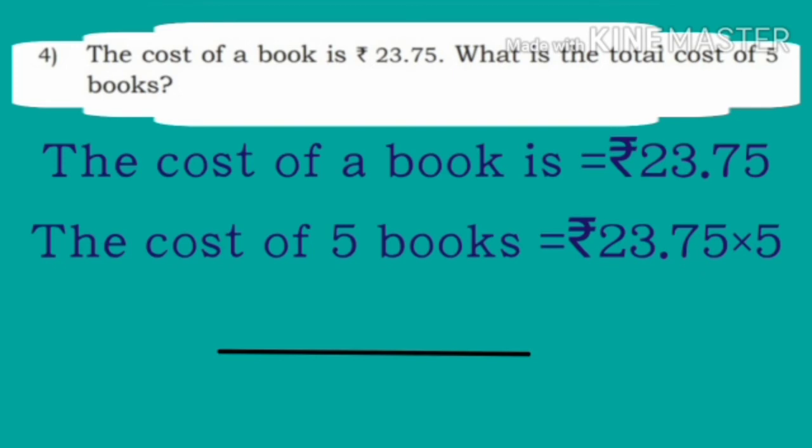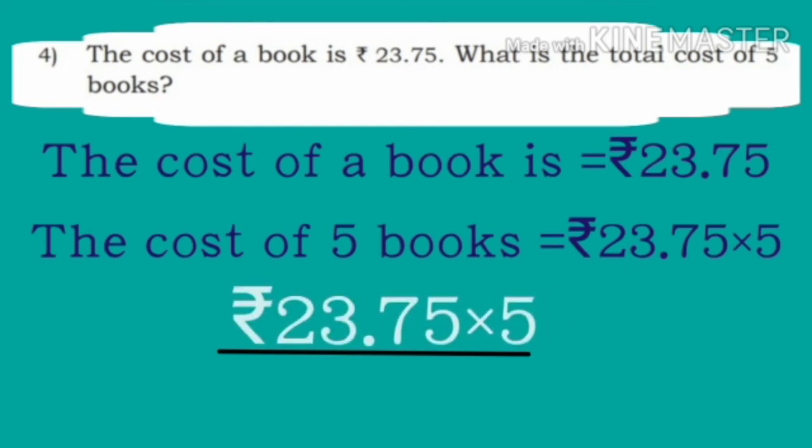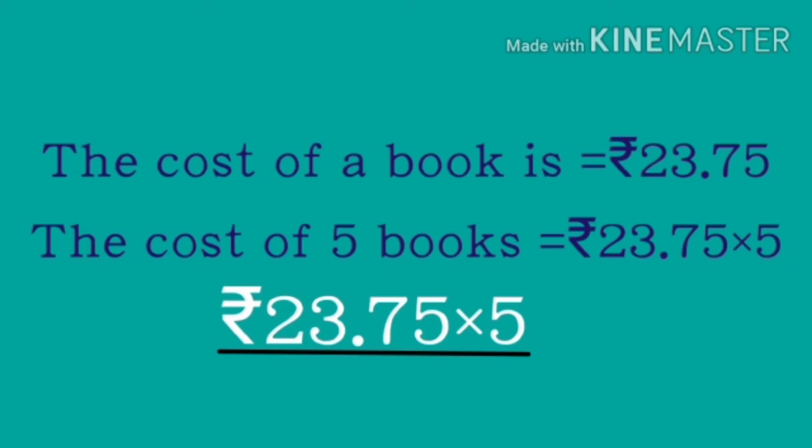We find out the cost of 5 books. 23 rupees 75 paise by 5. We start with multiply unit place. 5 into 5 is 25. So write 5 in ones place and 2 carry to the tens place.